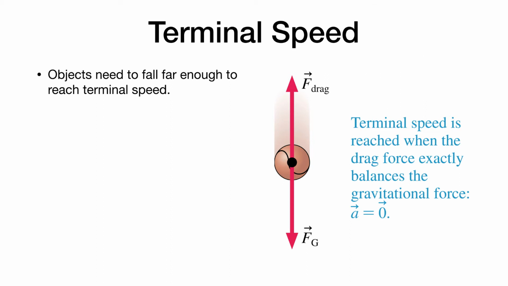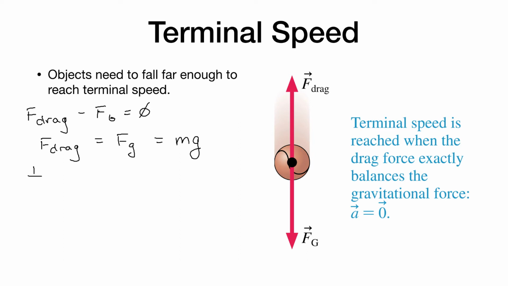So these are both forces in the y direction. So I can go ahead and take the sum of my forces in the y direction and set them equal to 0. Which means that my drag force must be equal to my gravitational force, which is equal to mg.